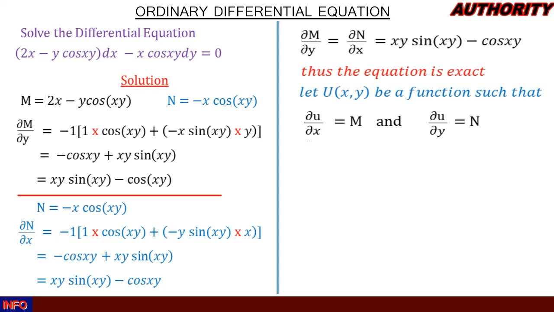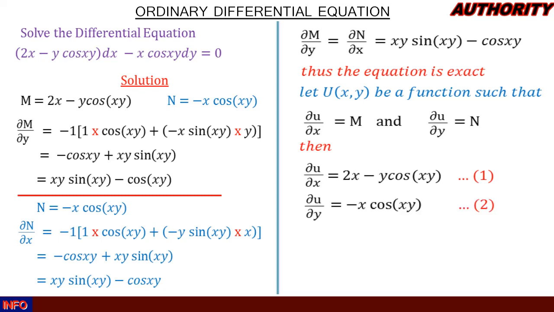All right, good. Now let's go. We say partial derivative of u with respect to x is going to give us m. But here we already have our m. And then we say that our m is 2x minus y cos xy. Okay, let's call this equation 1. And then again, we say the partial derivative of u with respect to y is equal to n. And then we already have n to be what? Minus x cos xy. Let's also call this equation 2.